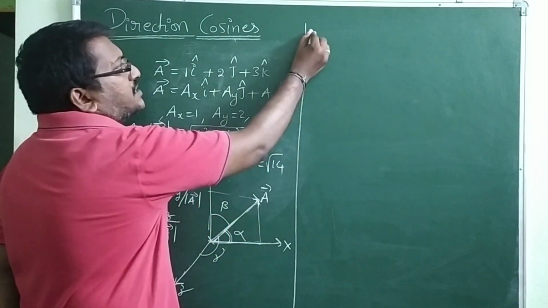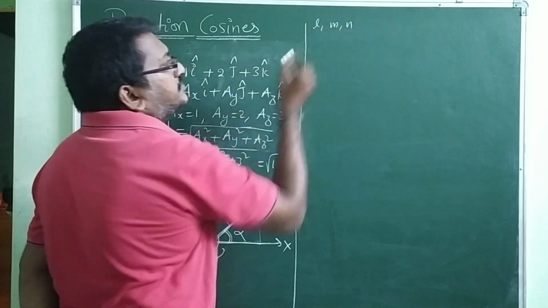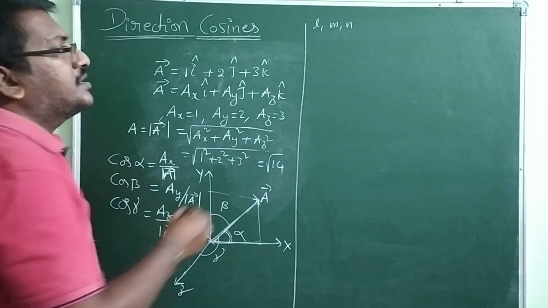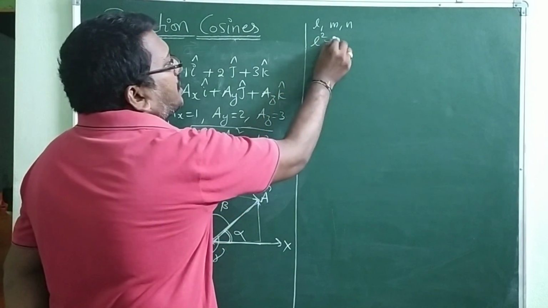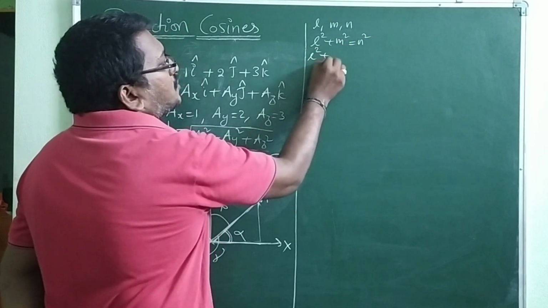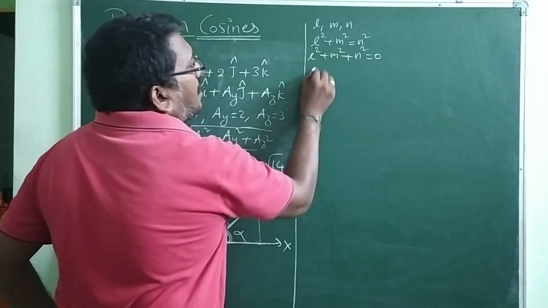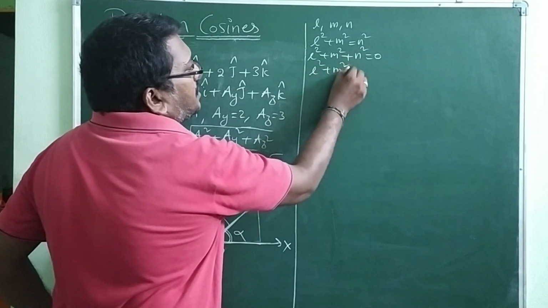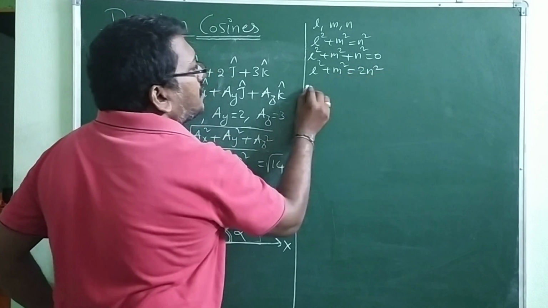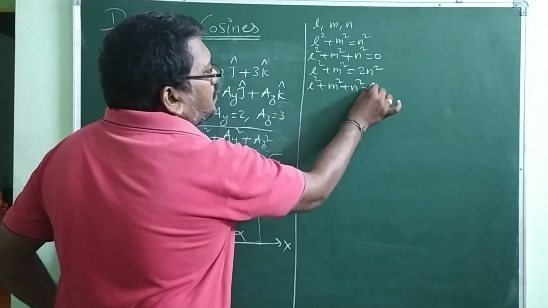So sometimes, Nana, they are asking the direction cosines of the vector are L, M, N. Then which of the following is true? L square plus M square is equal to N square, or L square plus M square plus N square is equal to 0, or L square plus M square is equal to 2N square, or L square plus M square plus N square is equal to 1.